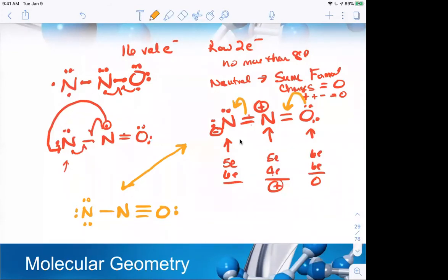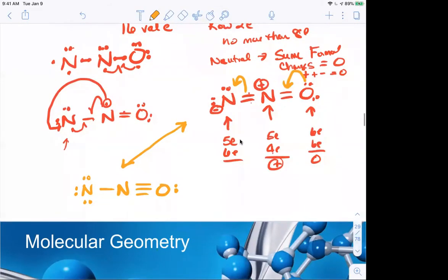Does that work? Let's see. I'm going to look at formal charges here. I have 1, 2, 3, 4, 5, 6, 7. I should have 5 electrons. I actually have 7. So this is a negative 2. 1, 2, 3, 4. This is a plus 1.